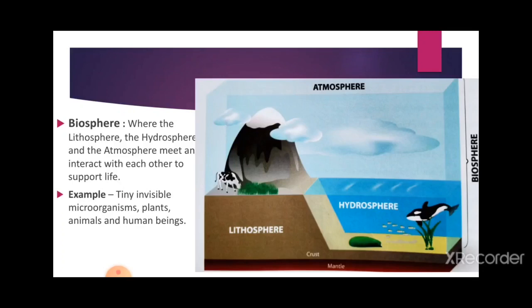Everything in the biosphere is interconnected and interdependent, such as a forest. Forest comes under the biological environment, and how is it possible? Because the land surface is there, plants are there. Plants grow on the land surface with the help of water as well as air. How air?